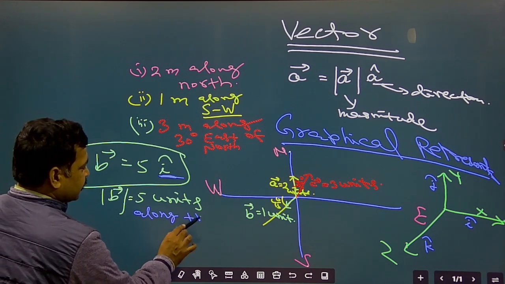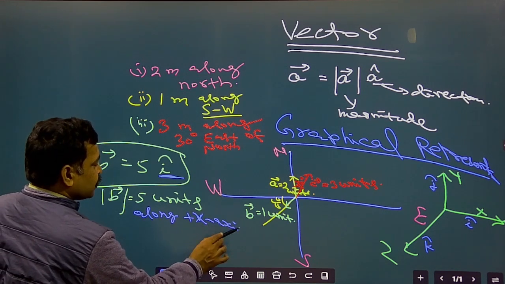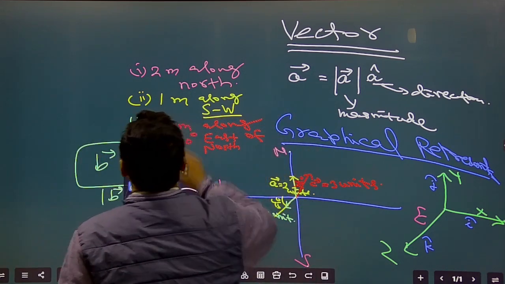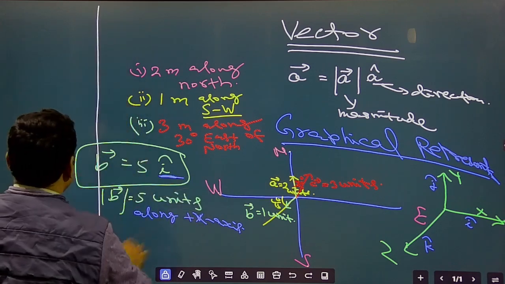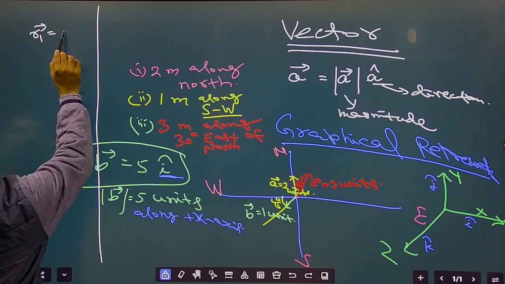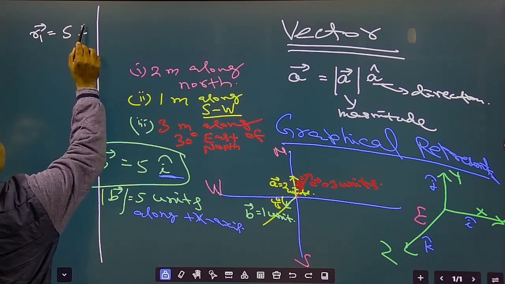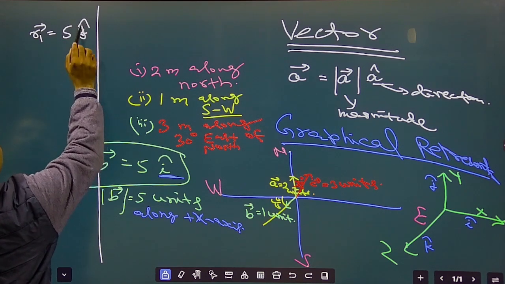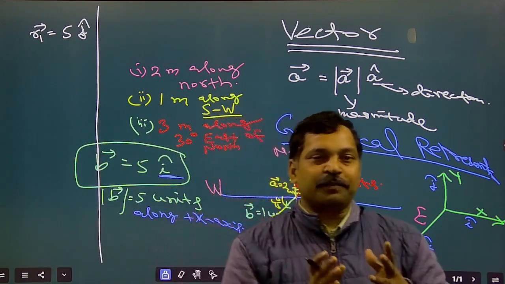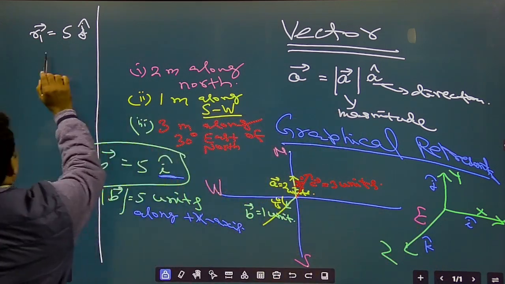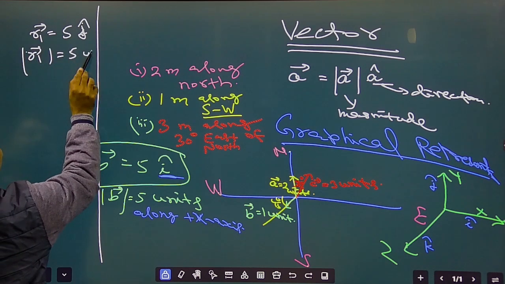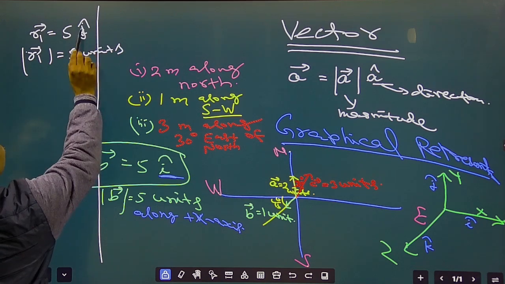Understood? Similarly, we will take another example. Suppose I am writing another vector, R1. R1 is a vector, and suppose I write this as 5j. What do we understand here? The magnitude of this vector R1 will be 5 units. And what will be the direction? This is j cap.